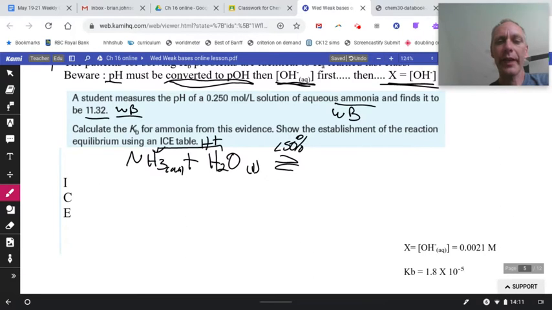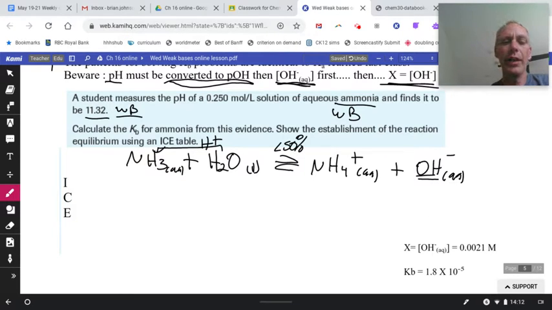We don't know the exact percent, but we know it's less than 50. Our products: NH3 gains an H+, so it becomes NH4+, and water lost an H+, giving OH-. That's why ammonia is a base: it produces hydroxide ions. Because it is a weak base, it will also have a conjugate acid, and water, acting as our weak acid, has a conjugate base.